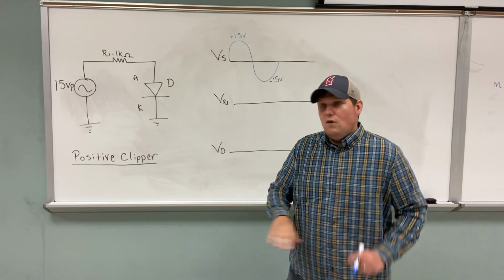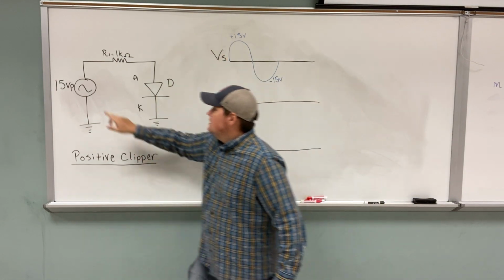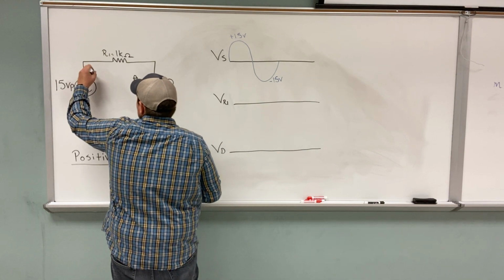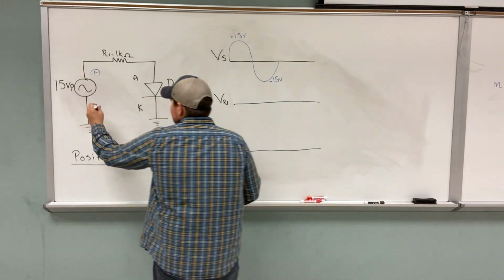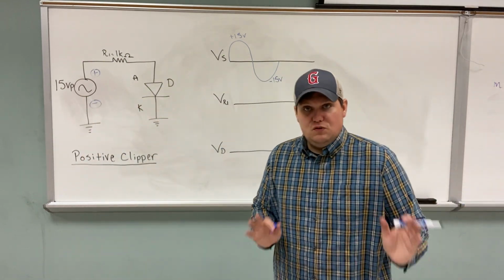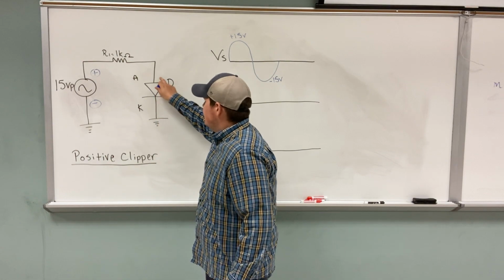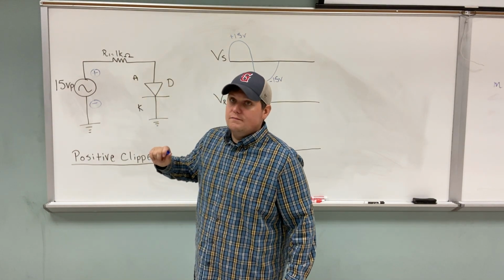Let me ask you a question. On the upswing, this is my positive, and this is my negative. Is the diode forward bias or reverse bias?